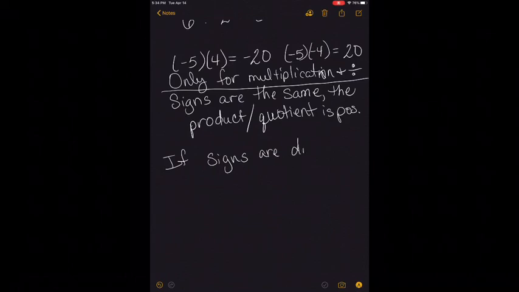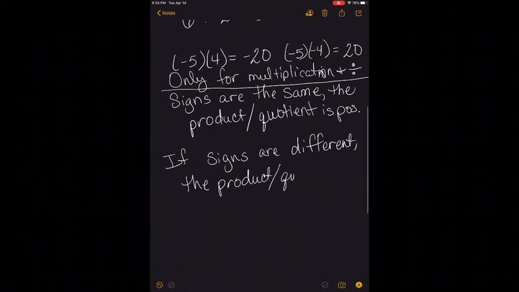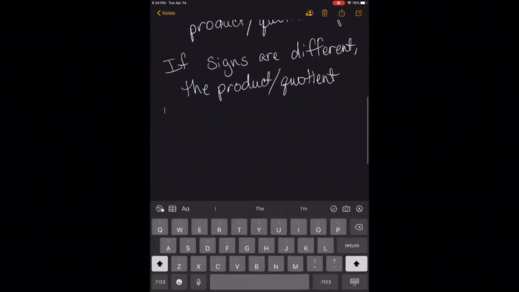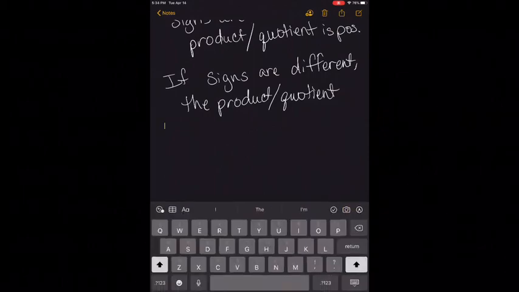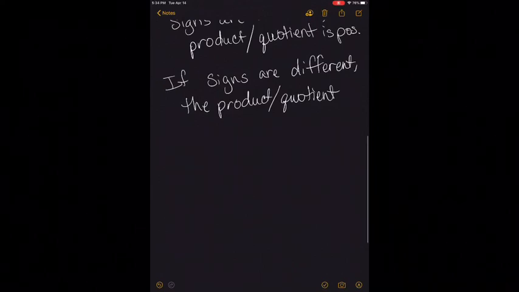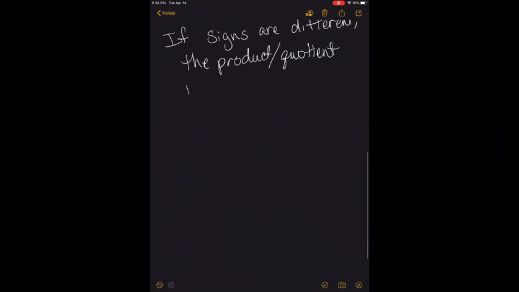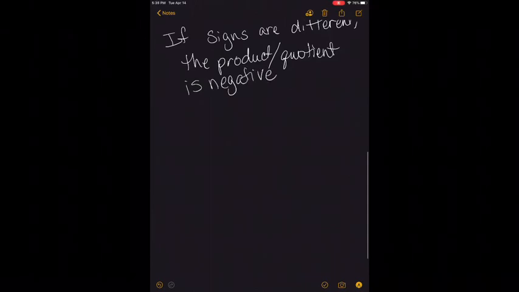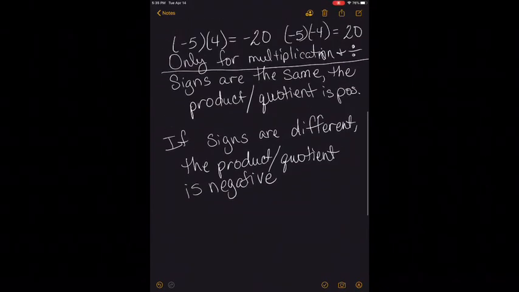If the signs are different, the product or the quotient is negative.